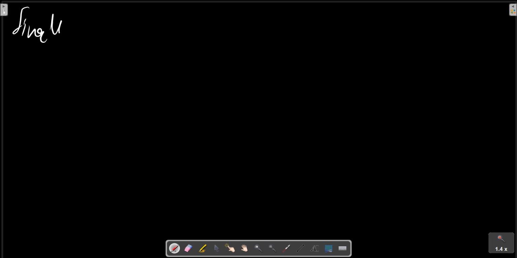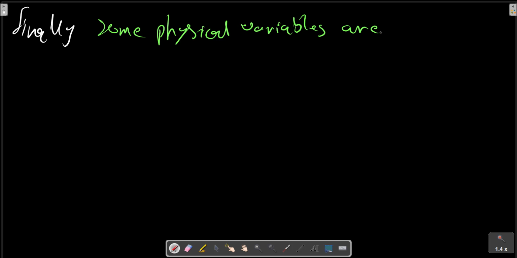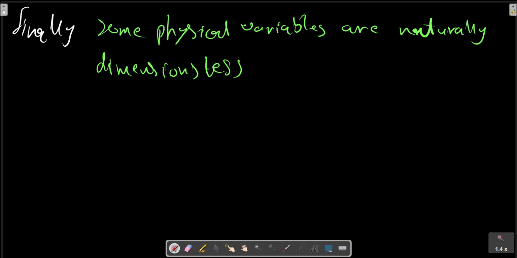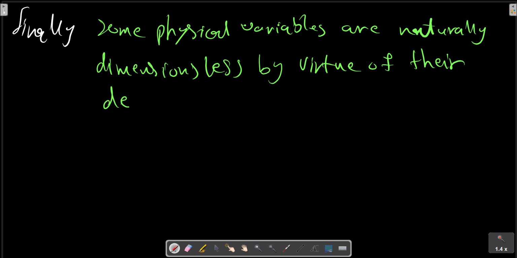And finally, some physical variables are naturally dimensionless by virtue of their definition as ratios of dimensional quantities.